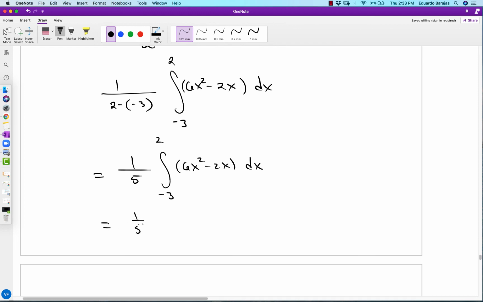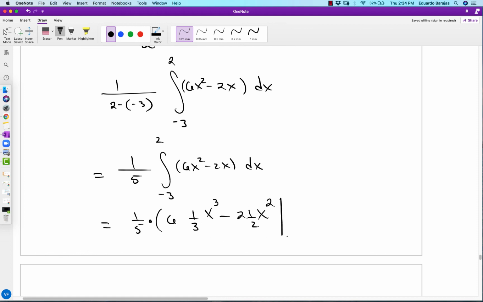That's going to be 1/5 times, and let's leave the 6 alone, and then I know it has something to do with an x to the third power because its derivative brings down the 3. So we also have to get rid of that 3. We multiply it by 1/3, minus 2, and then x to the power of 2, and then 1/2. So guessing and checking, we see that that is the antiderivative.